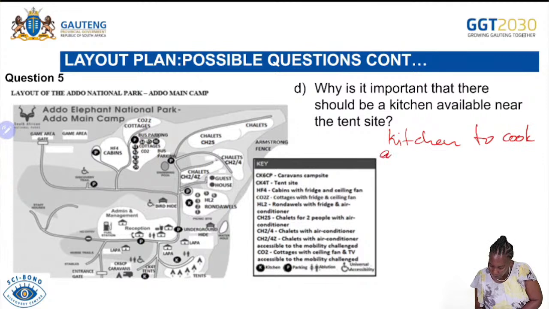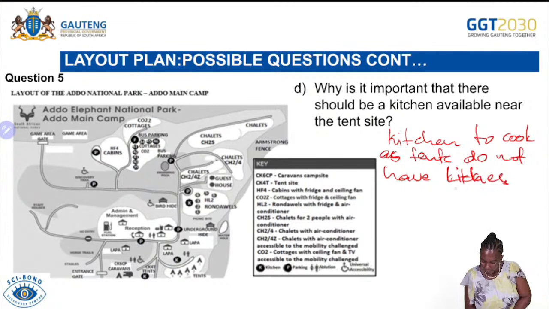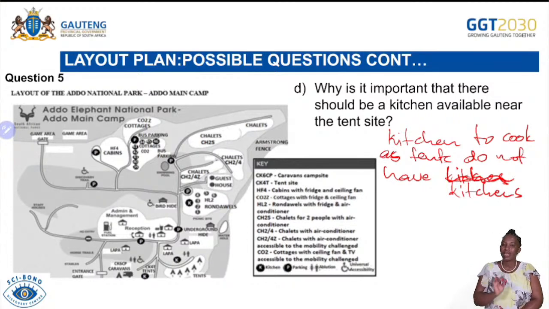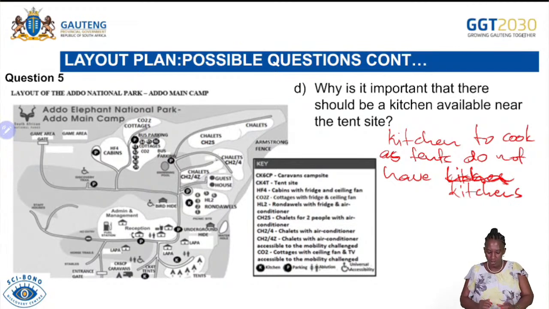A kitchen to cook, as tents do not have kitchens inside. So with the tent, you just erect a tent. There's no kitchen, nothing.